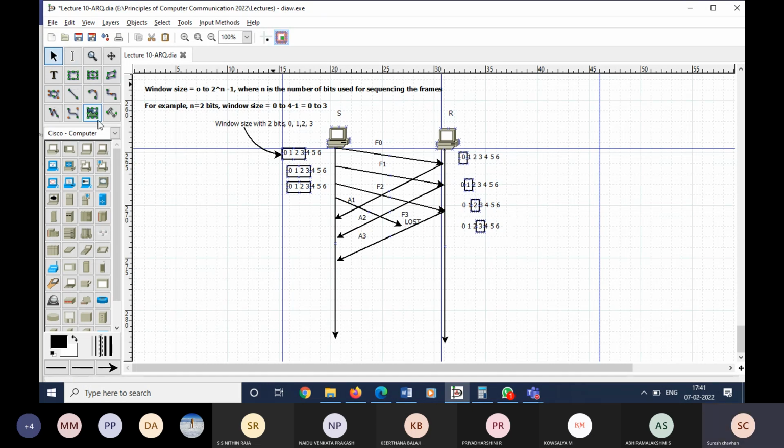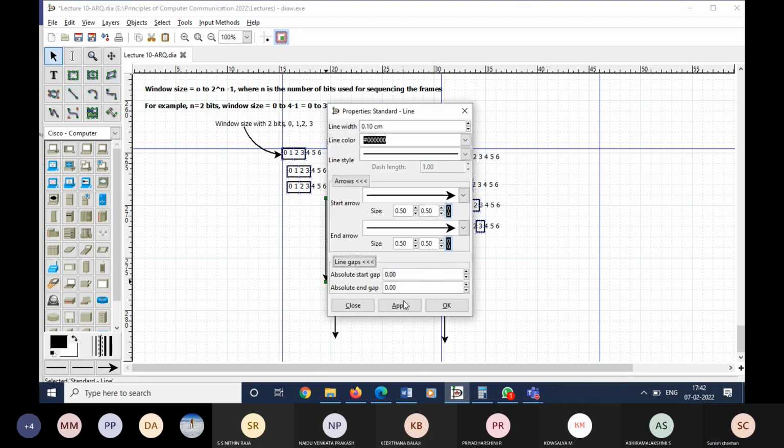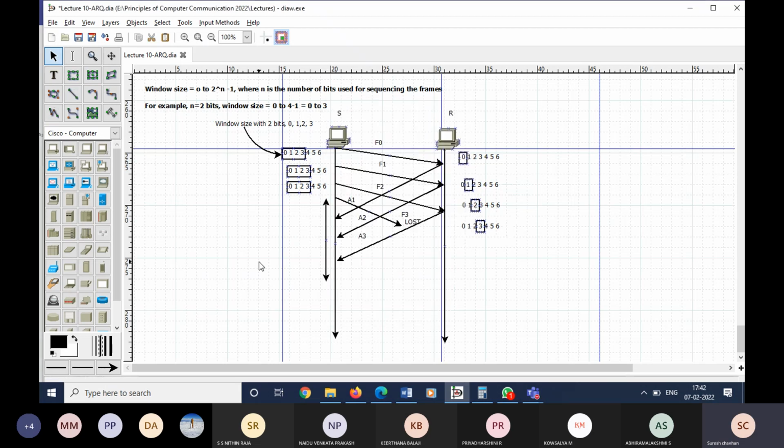I told you in the earlier class that the sender will start the timer and wait for its time period.